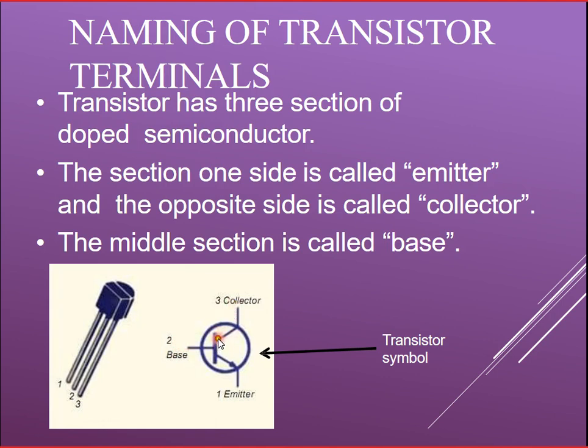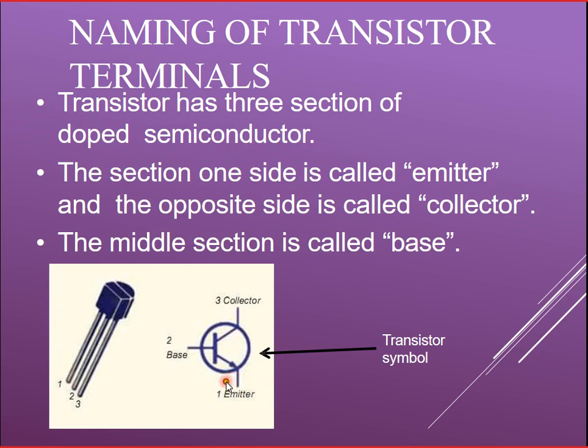So this is the base. To the base, the collector is attached, and then the emitter is attached, and you can see a small arrow mark there. It represents the current flow. Using that arrow mark we can identify whether it is an NPN transistor or a PNP transistor. If the arrow mark is pointing outward, it is an NPN transistor.